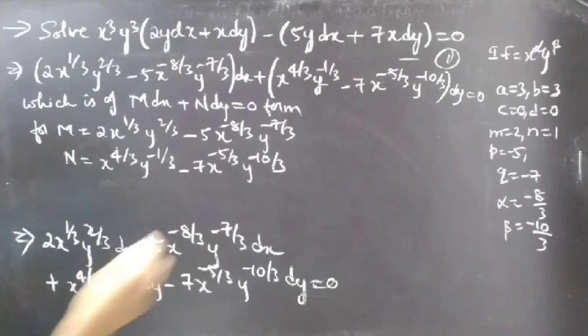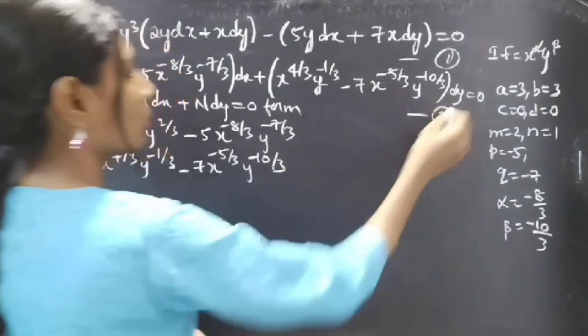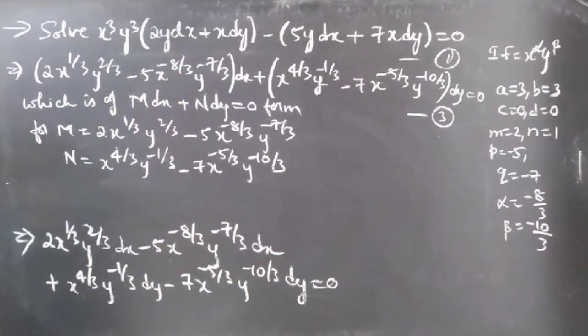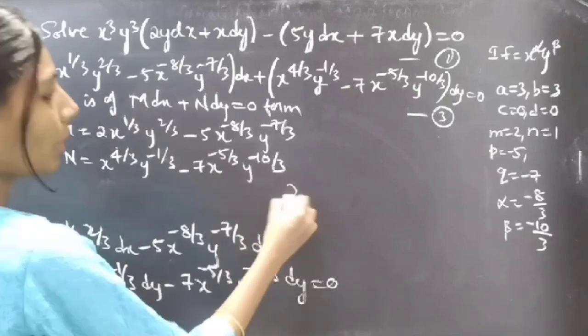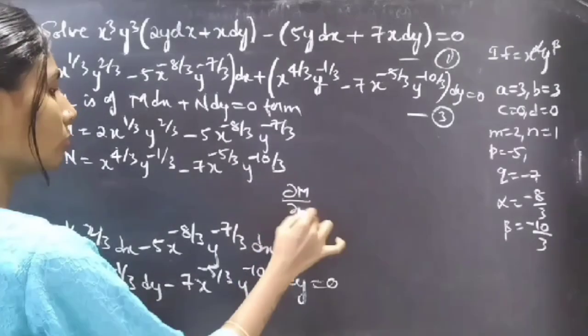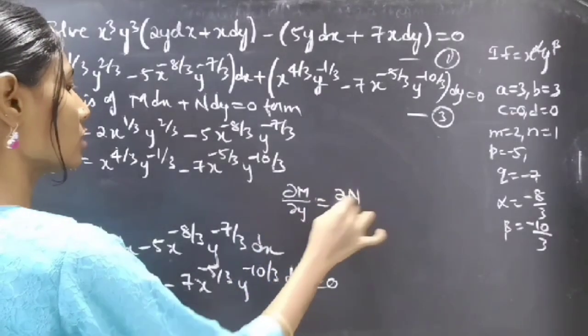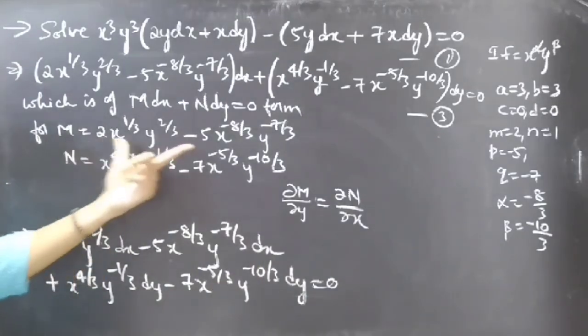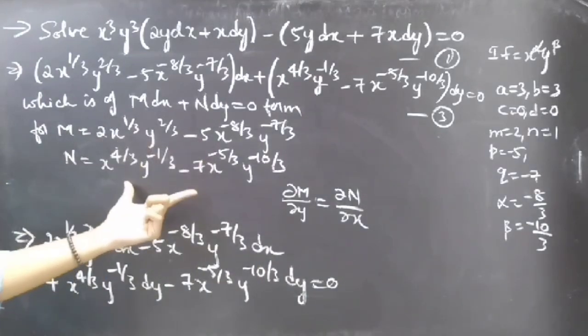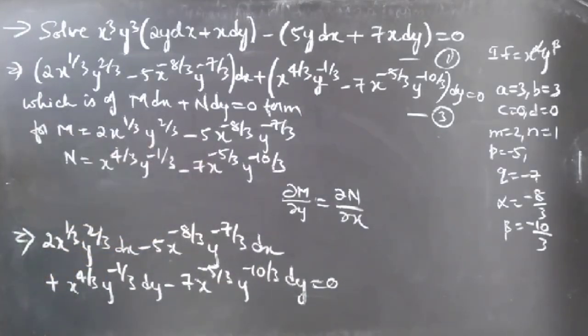Let's consider this equation as equation 3. Now, this equation 3 is exact if the partial derivative of m with respect to y equals the partial derivative of n with respect to x, for m equal to this one and for n equal to this one, right?